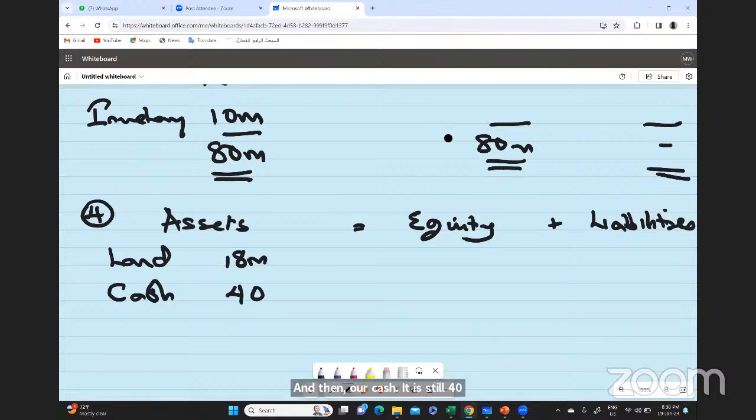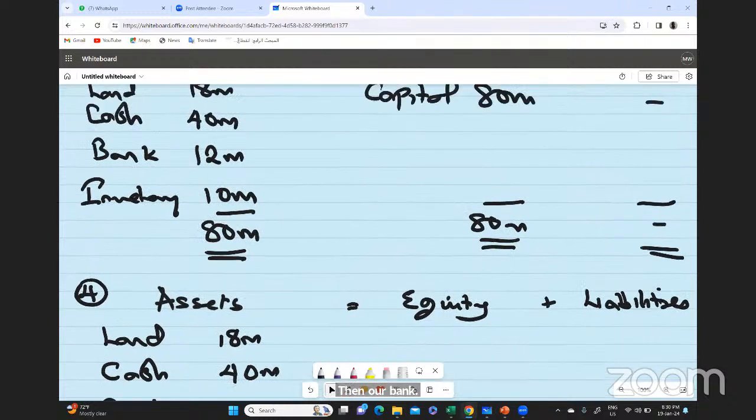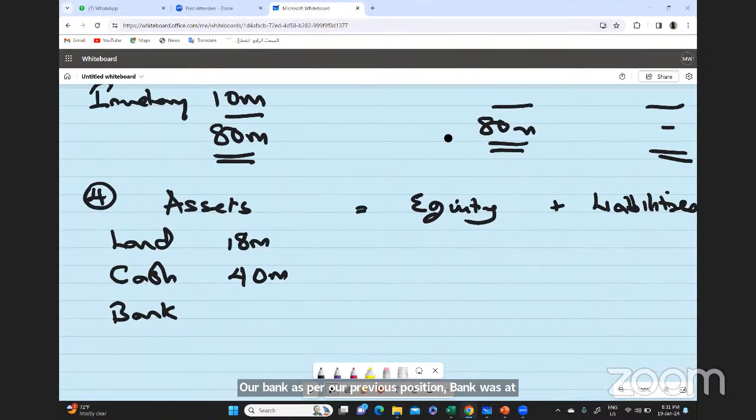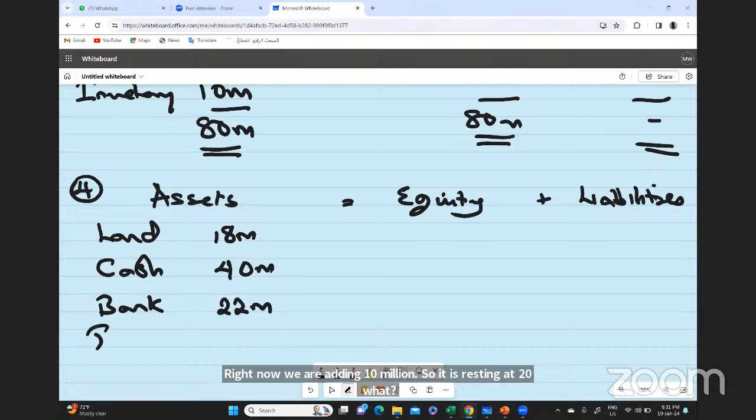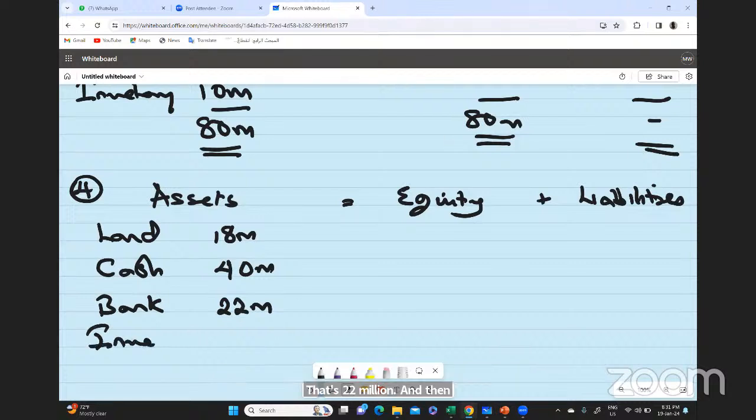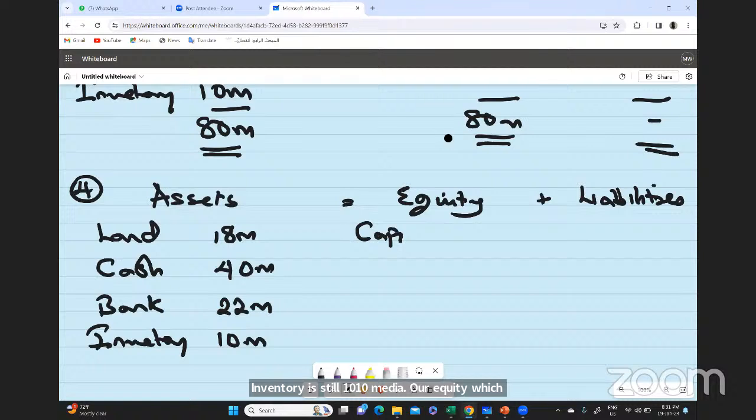Then our bank, as per our previous position, was at 12. Right now we are adding 10 million, so it is resting at 22 million. And then inventory is still 10 million.